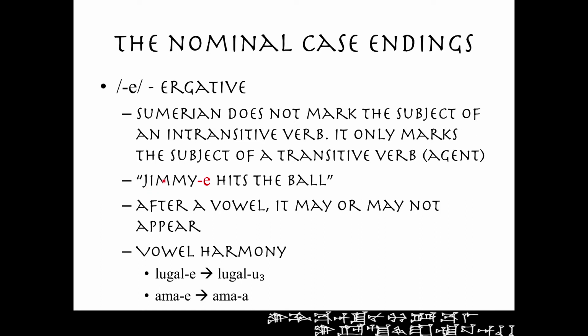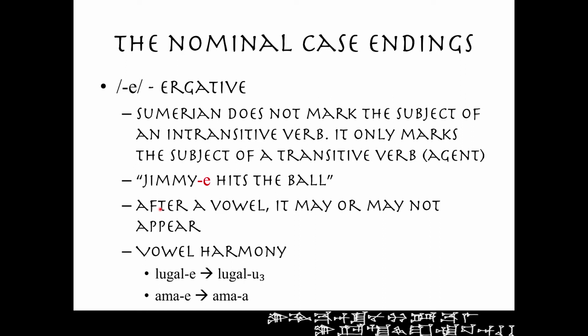Now, if this said Mark swims, there would be no -e here. It would just say Mark swims because Mark would be the subject of an intransitive verb. So if you see an -e on a noun, I know this sounds a little confusing, but look for a verb that is transitive because that's probably what's happening: you have a subject that is the subject of a transitive verb.